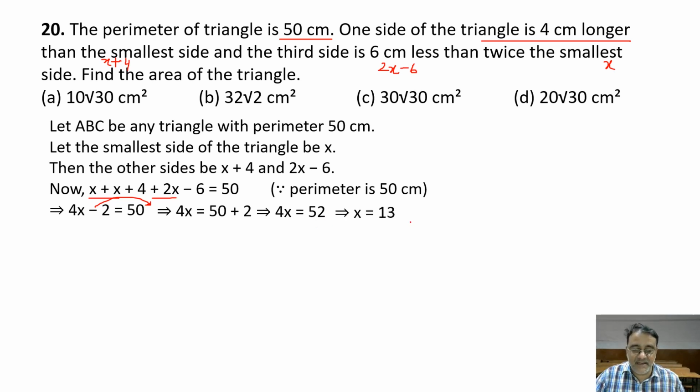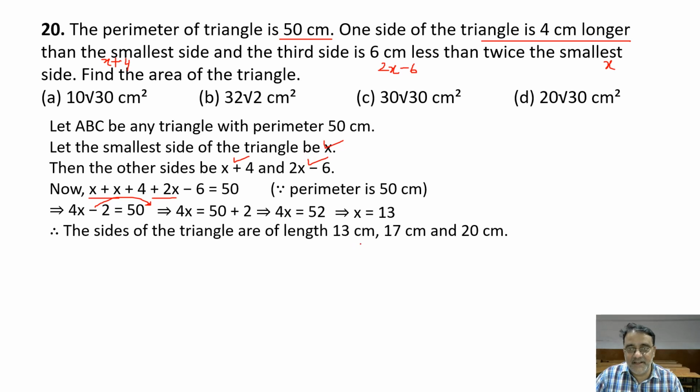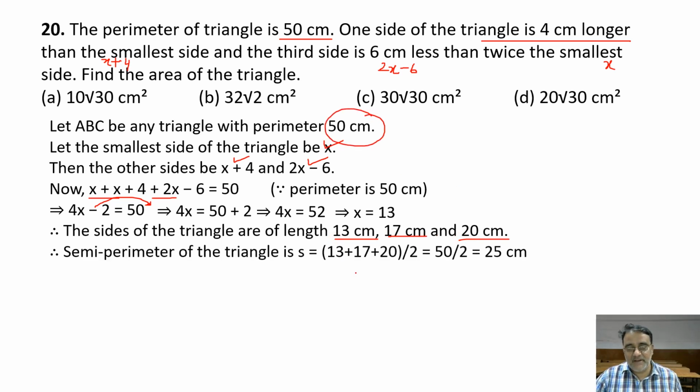Now the sides are, ध्यान से देखो sides क्या क्या हो जाएगा, 13, 13 plus 4 17, 26 minus 6 20, 13, 17, 20. So A, B, C and semi perimeter is 25. राइट, सबको ऐड करने की जरूरत नहीं है, पेरीमीटर ऑलरेडी दिया हुआ है 50, तो 25 हो जाएगा.